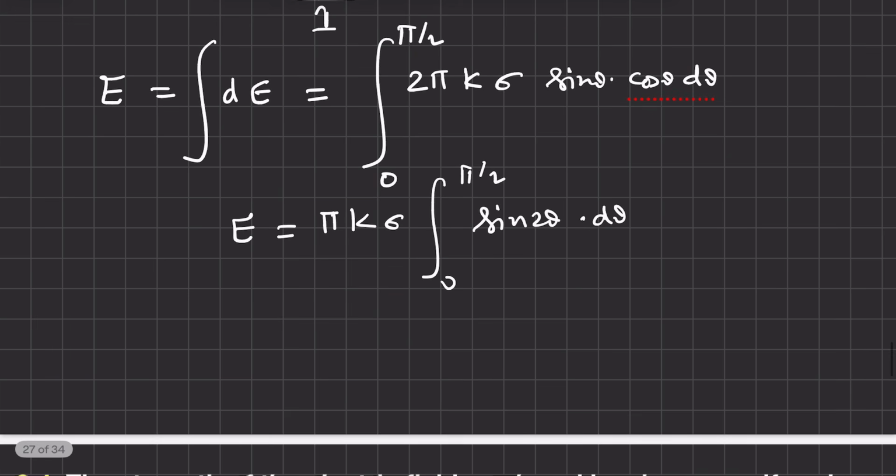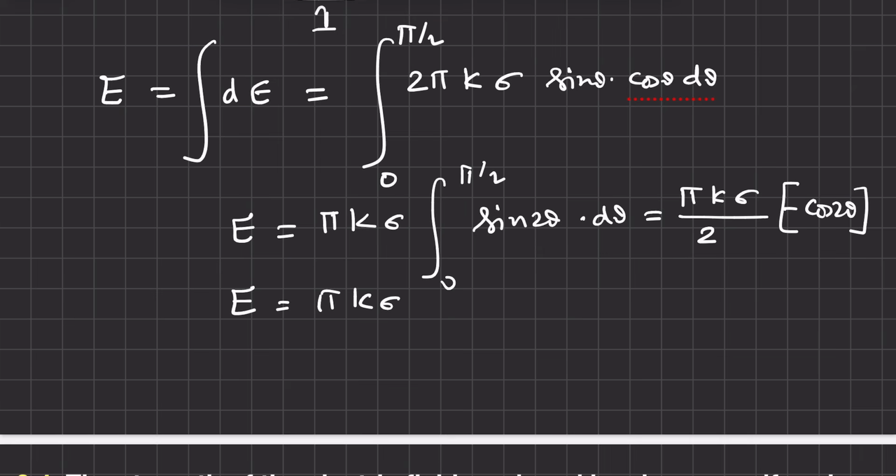Okay, if I integrate now, E will become pi k sigma. The integration of sin 2 theta will be pi k sigma by 2 times minus cos 2 theta, and the limit will go from 0 to pi by 2.